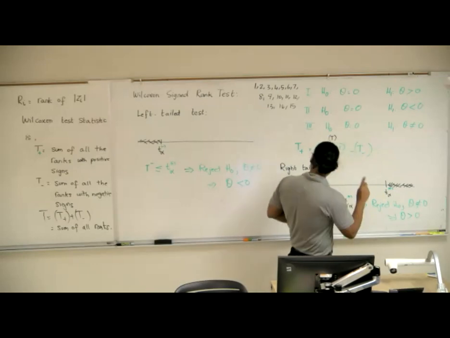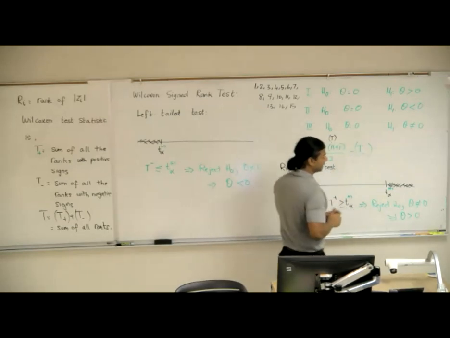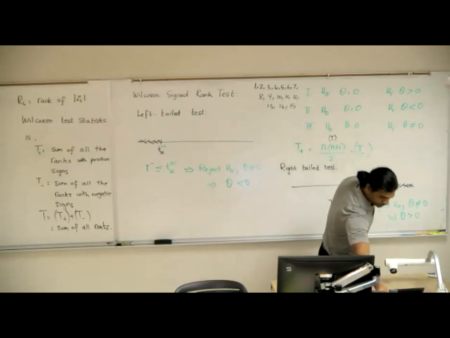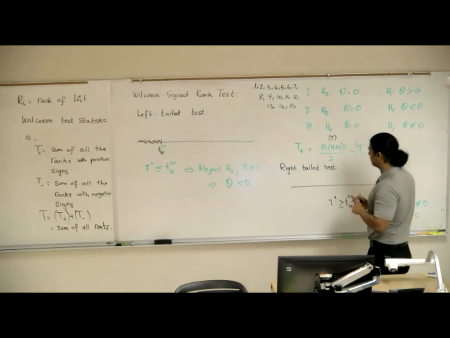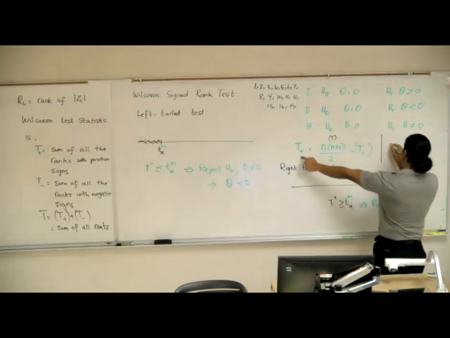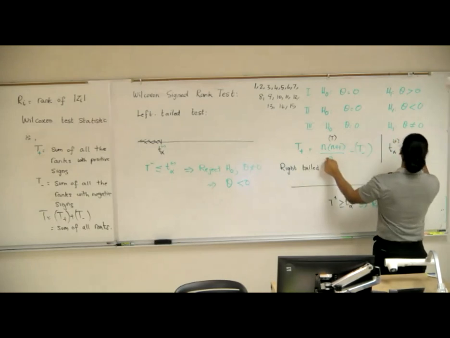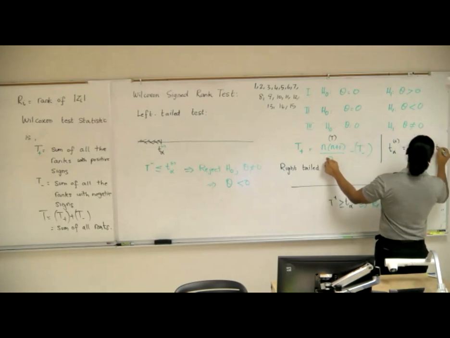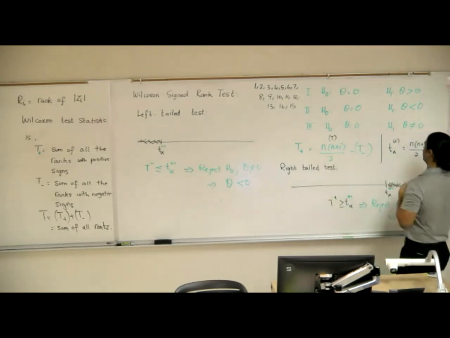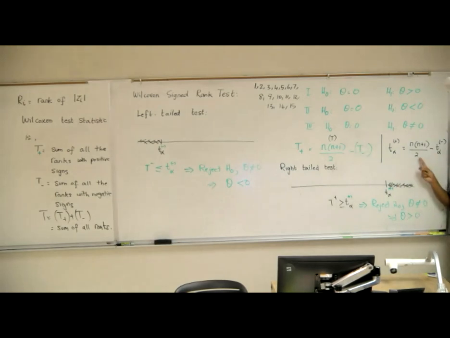So before we end, the critical value relationship that I mentioned, T alpha plus is simply n times n plus 1 over 2 minus T alpha minus. In our case, if that was 15, and you found that to be 3, 15 minus 3 is 12. That's what we got.